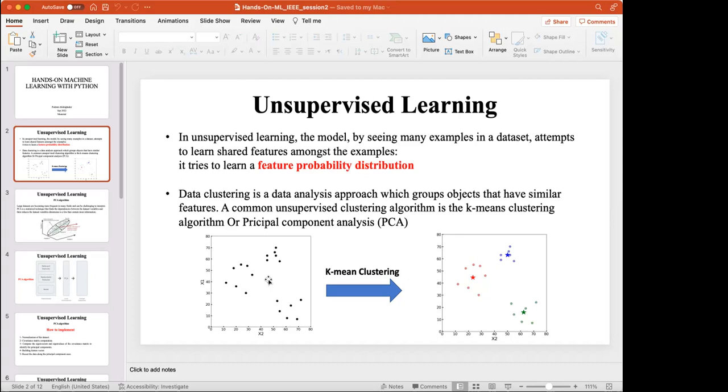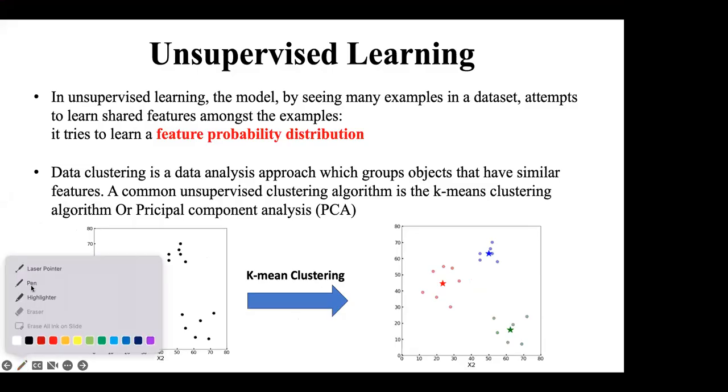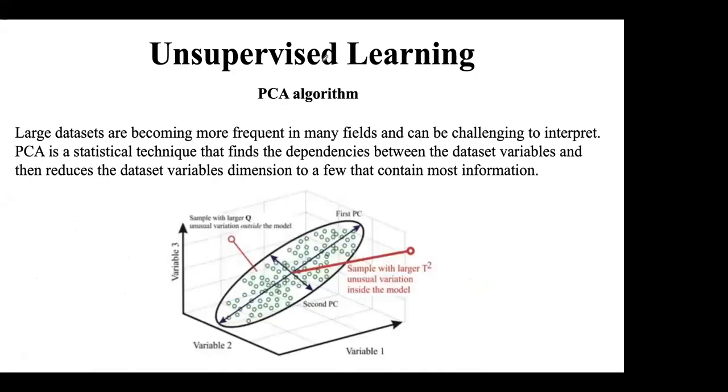It means that we are just feeding the model some raw data without labeling them. Let me use my pen. For example, the model has no idea what this data point is. So this is unsupervised.